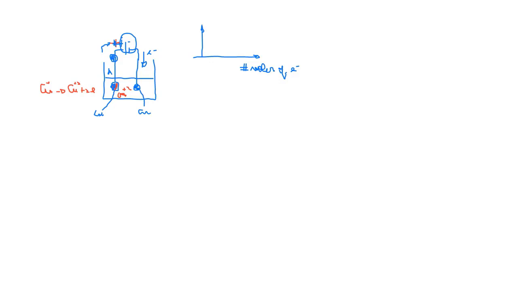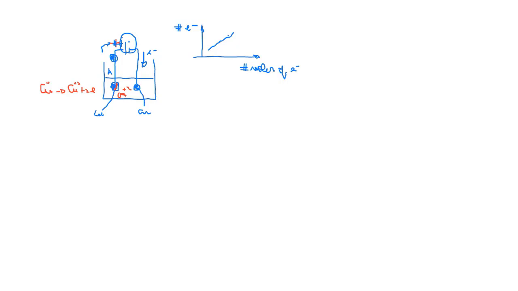And then the y-axis is the number of electrons. When we do that, we are going to have some points and a line like that.